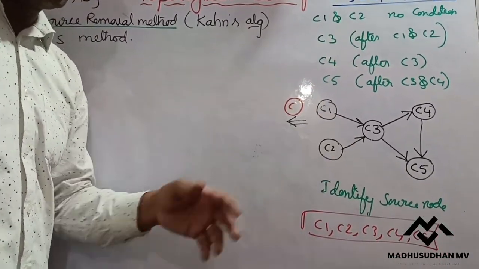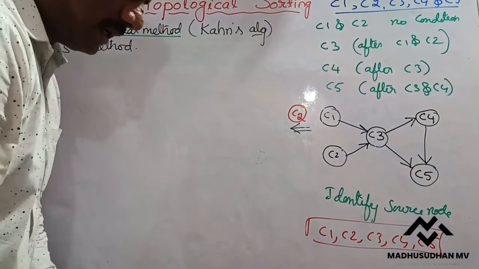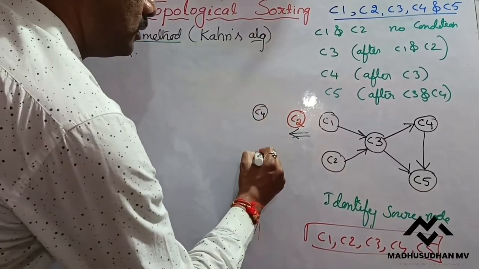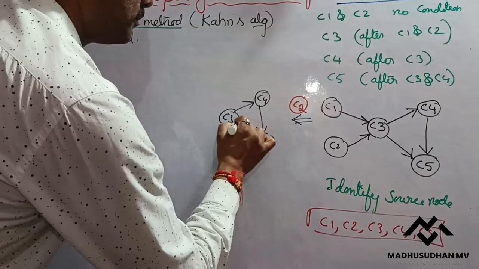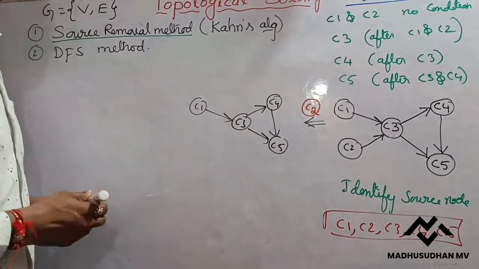If somebody starts from C2 and removes it, what is my resultant graph? The resultant graph is C4, C5, C3, then C1.